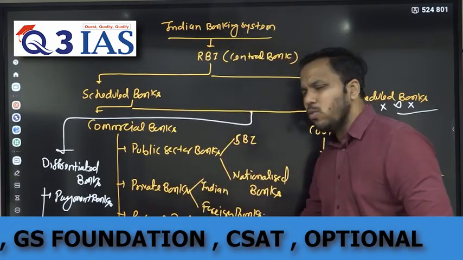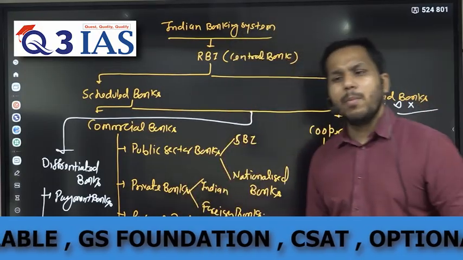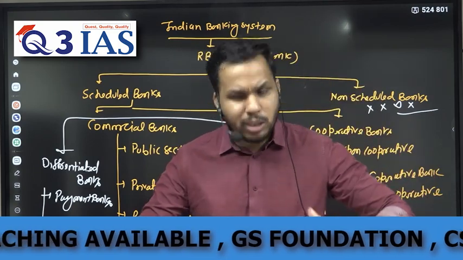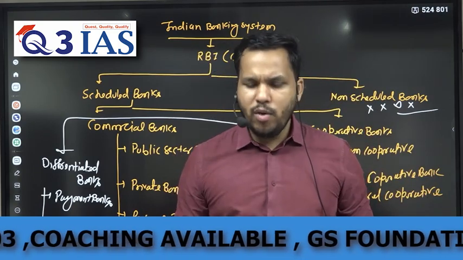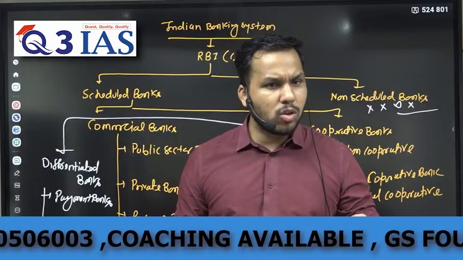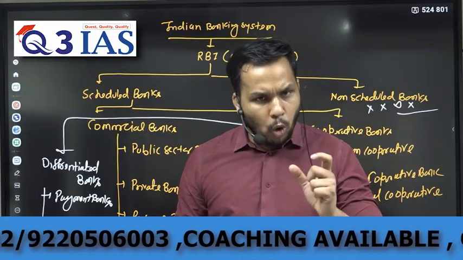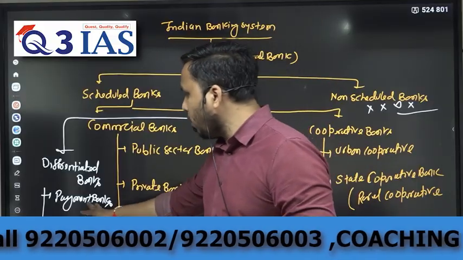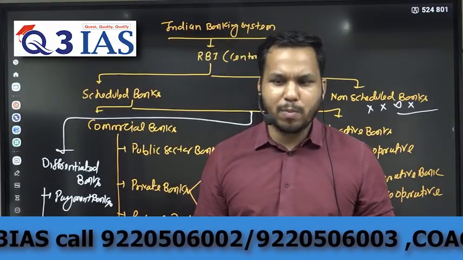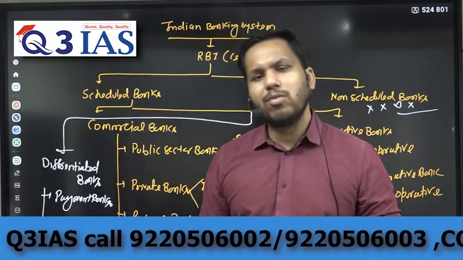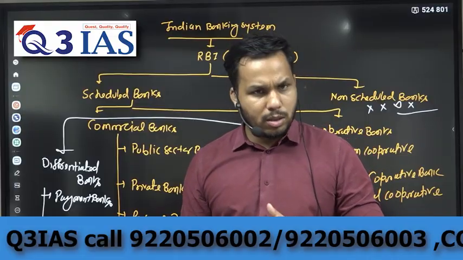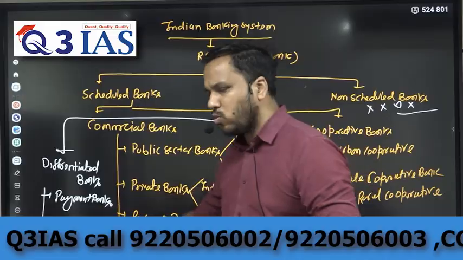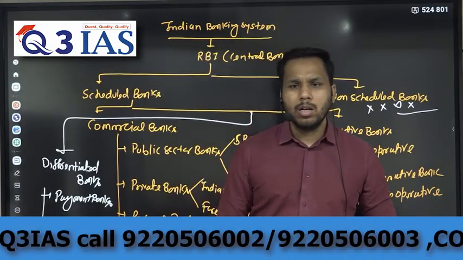So in 2014, the Nachiket More committee recommended that we need to introduce some new types of banks which primarily focus on those people who do not have bank accounts. Then the concept of payments banks and small finance banks arose, and after 2014 the RBI opened such banks. The establishment of such banks became very popular.